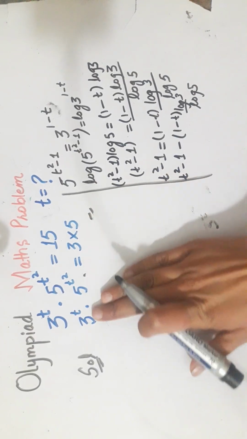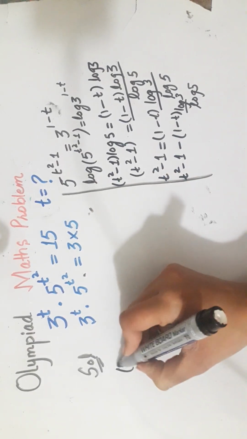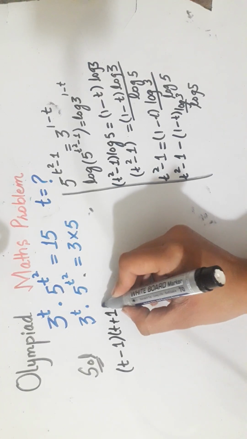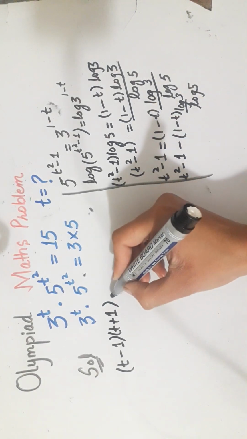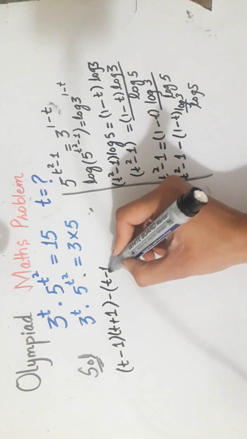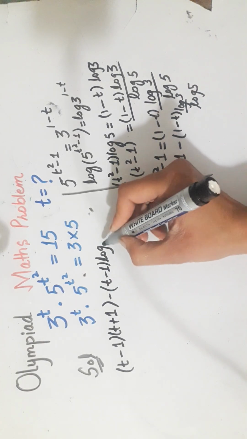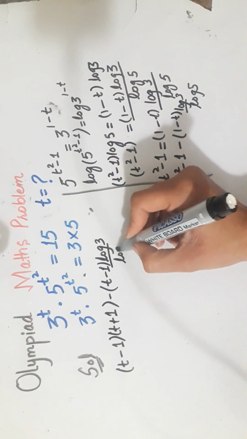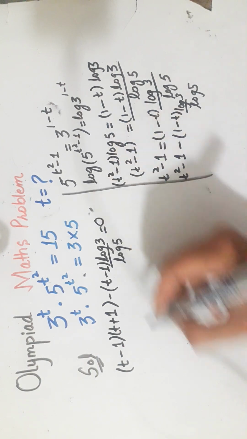According to that, we have t minus 1 into t plus 1, and from this we can take minus as common, and this will become t minus 1 into log of 3 divided by log of 5, that equals 0.